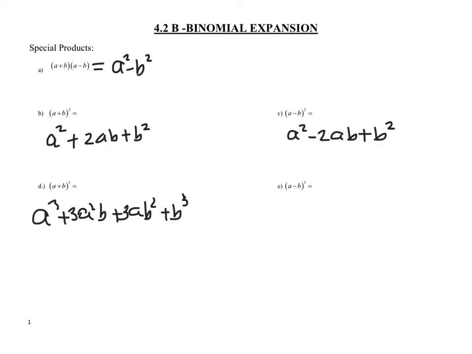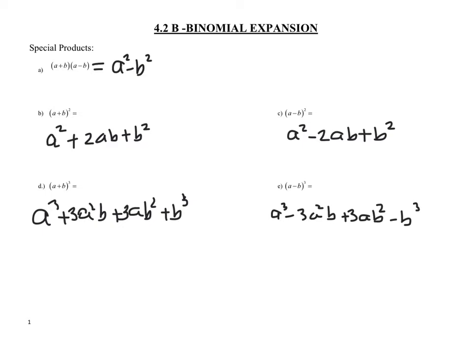And then the next one here, we get a cubed minus 3a squared b plus 3ab squared minus b cubed.